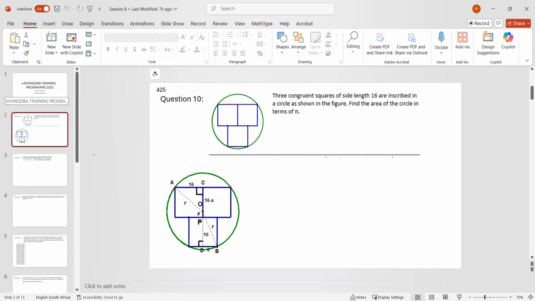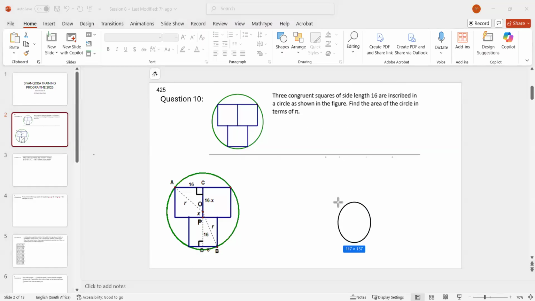All right, now one of the important things about circle theorems is that if you have a circle and you have a chord in a circle, then some interesting things happen. If I've got a chord, and if you join the center of the circle to the midpoint of the chord, let's just draw a chord here.